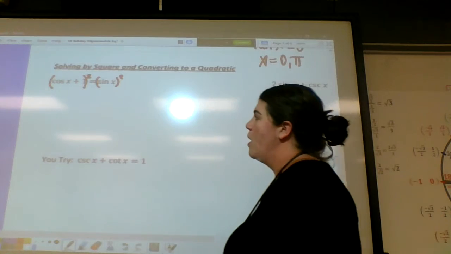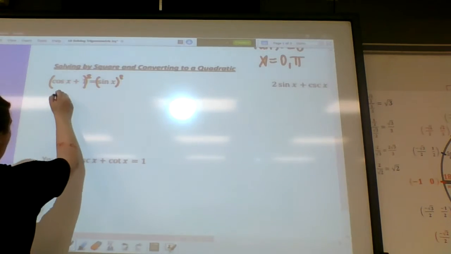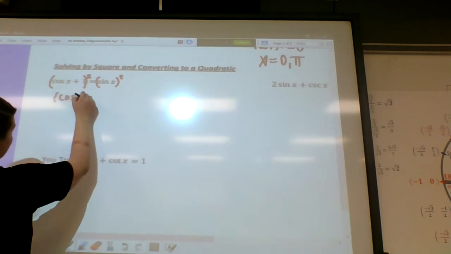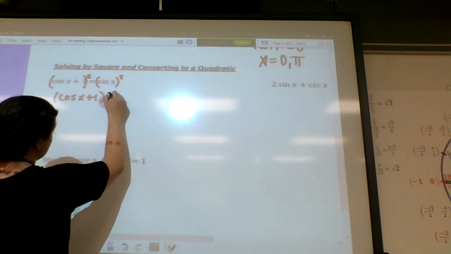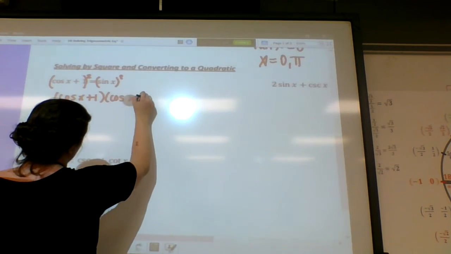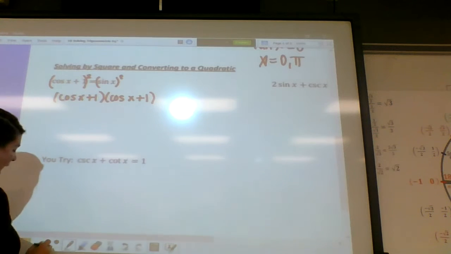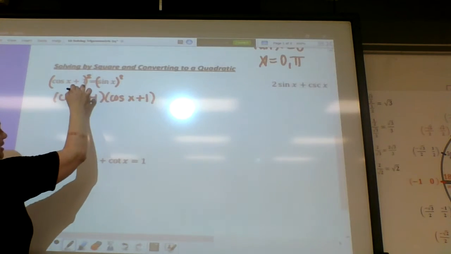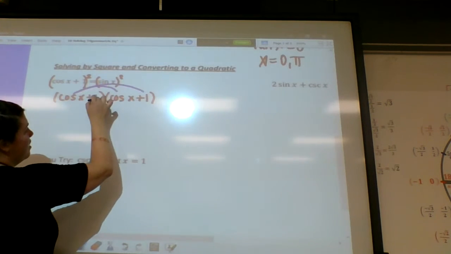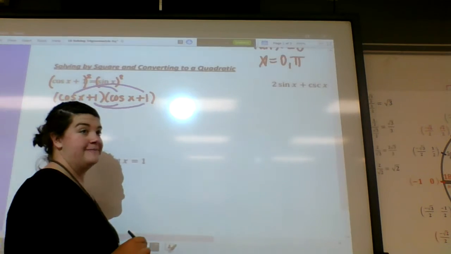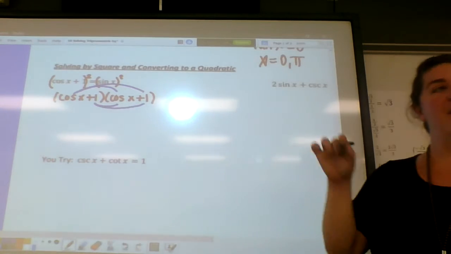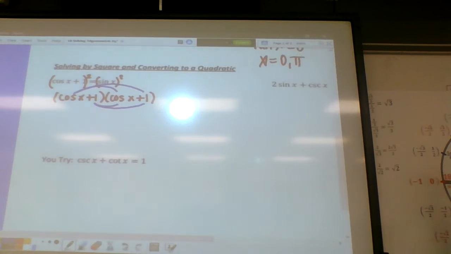Cosine of x plus 1, that quantity squared. You have to think about it as the cosine of x plus 1 times the cosine of x plus 1, which means you have to distribute, yes? You're going to have to do all the multiplication here. If you just square the cosine and just square the 1, you're going to miss the entire term in the middle.